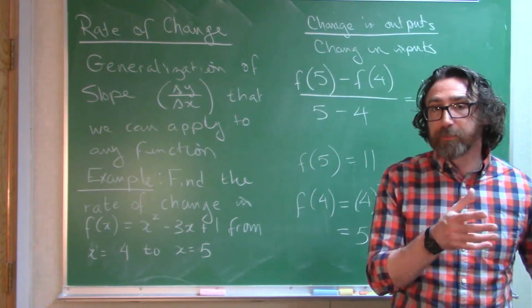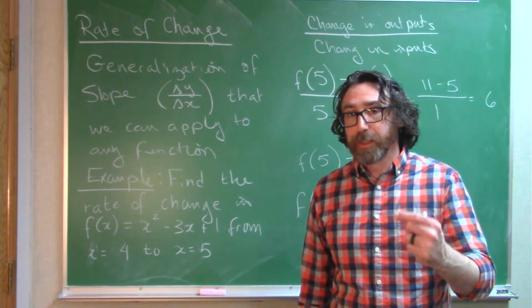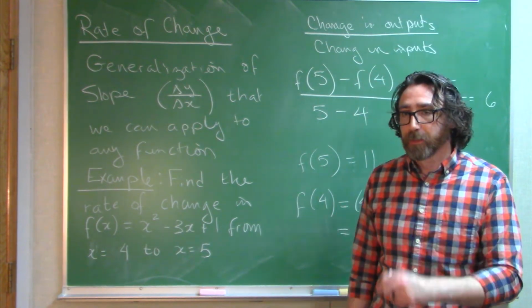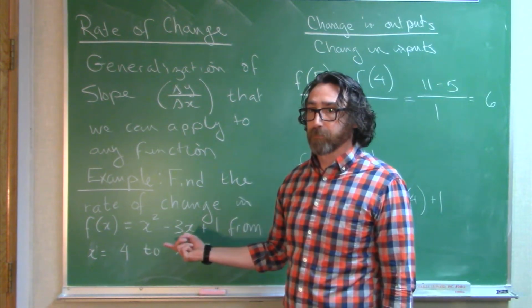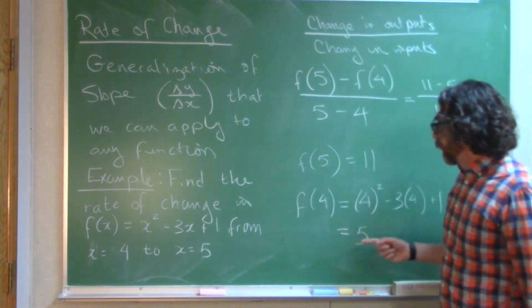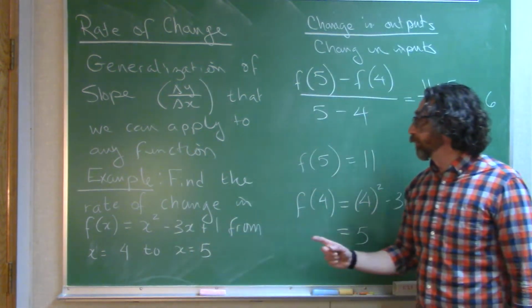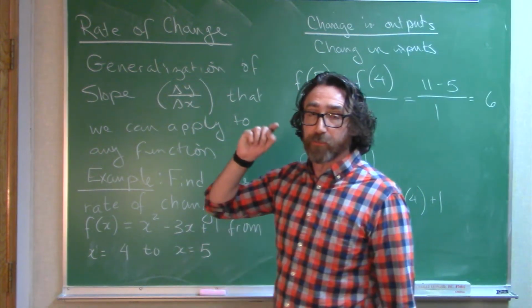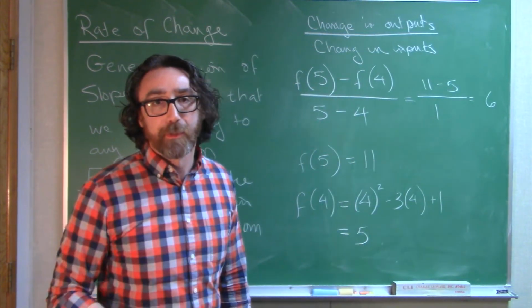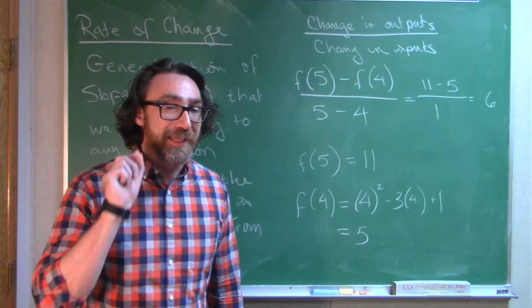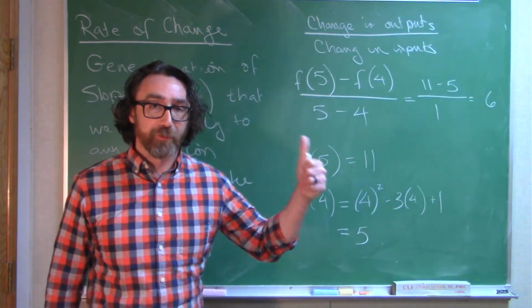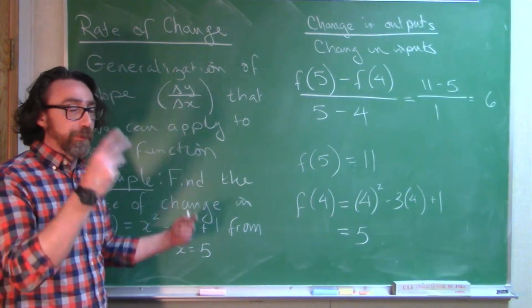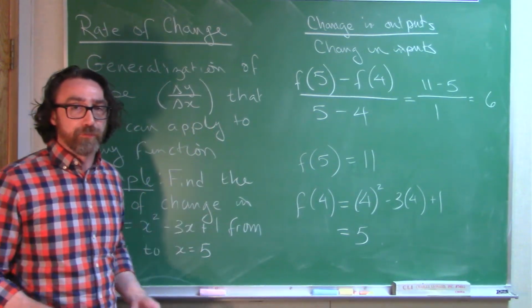With linear functions, the rate of change is always the same, and the rate of change for a linear function is equal to the slope of the linear function. Nonlinear functions, it's a different ballgame. Okay, so from x equals 4 to x equals 5, this function has a rate of change of 6, telling us that for every 1 unit increase in input, the output is increasing by 6 units on this interval. If we look at a different interval, we may very well get a different rate of change.